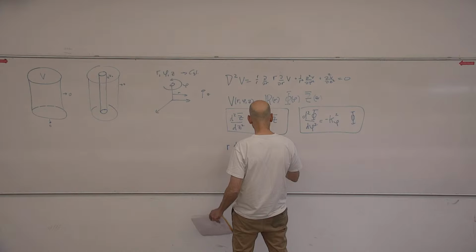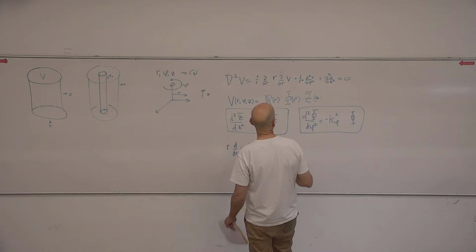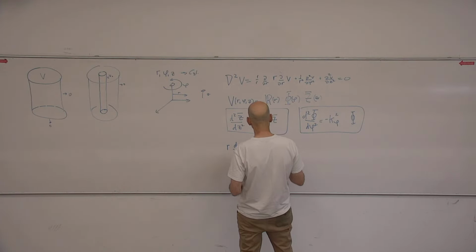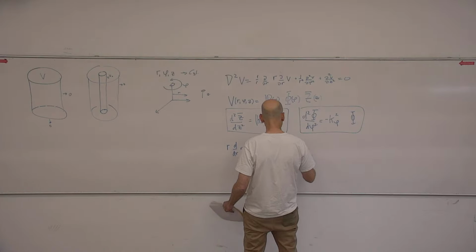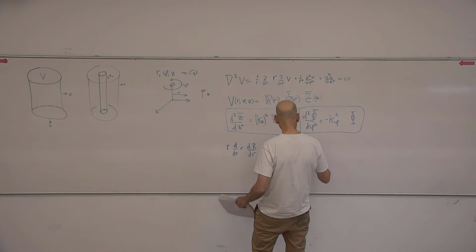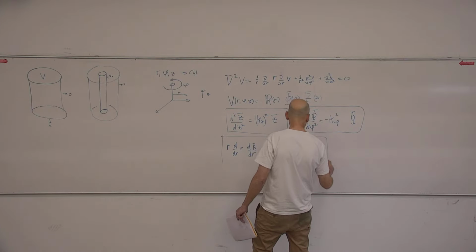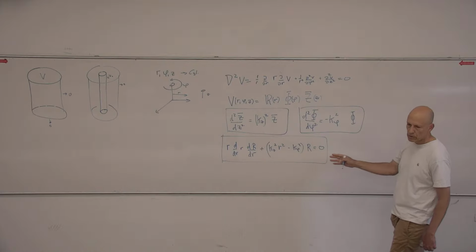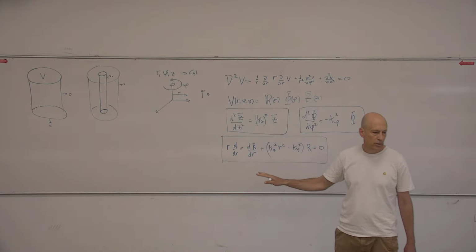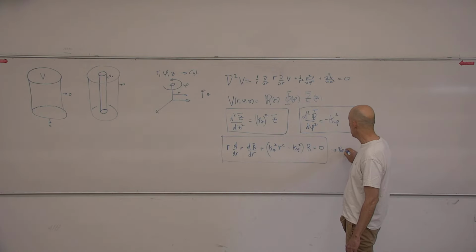So here I get kz squared r squared, minus k phi squared, multiplied by capital R. All this is equal to 0. Now, this equation, luckily, our friends the mathematicians solved it, and this is essentially the Bessel equation. So the solutions here are going to be Bessel solutions.